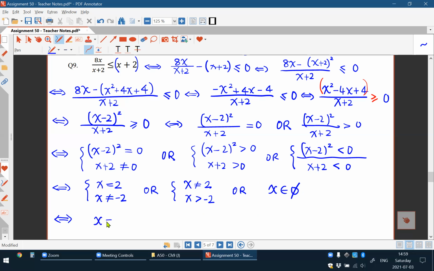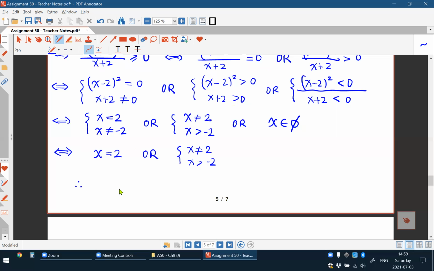Can be combined to x is 2. Or x is above -2 and x is not 2. This cannot be combined, so let's leave this here. And next is x belongs to an empty set. You can just leave it out, right? Because if there is no solution x, we do not need to consider this solution here.